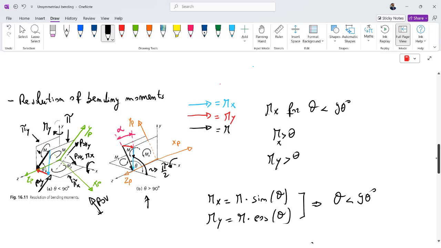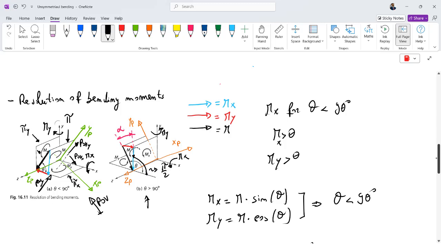If I see from this point of view of x, it is a clockwise moment, and this Mx induces a tension bending on the upper fiber. But My, if I see from the point of view of y, is acting in this direction y.